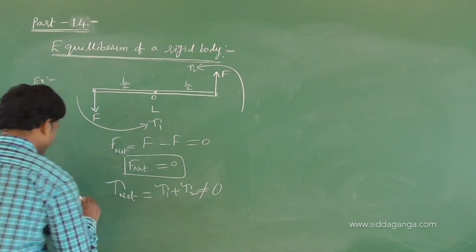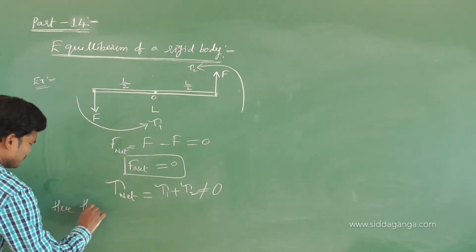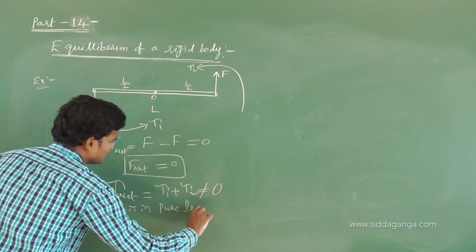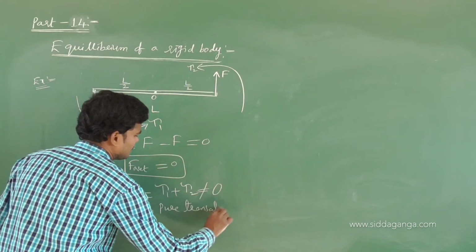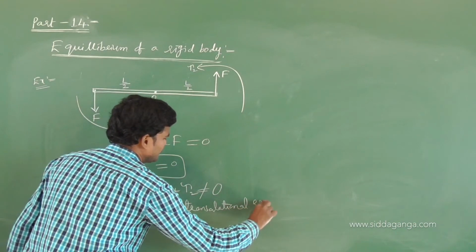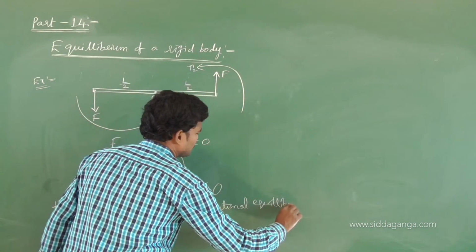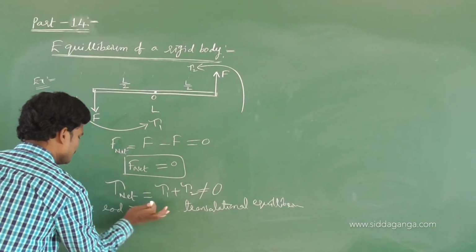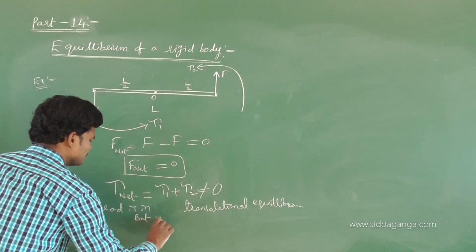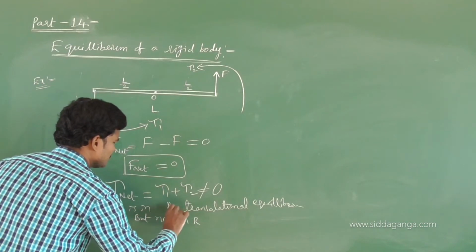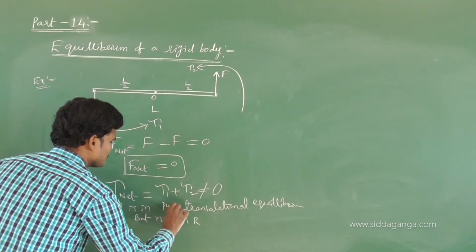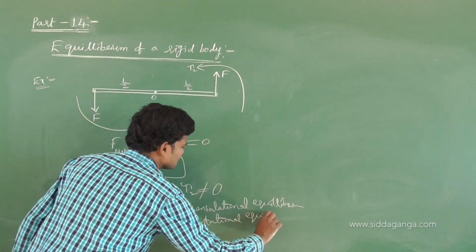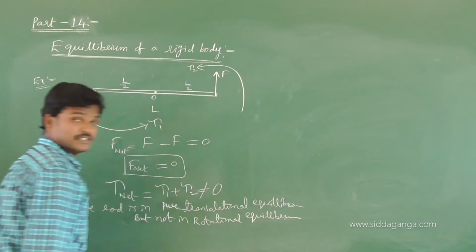Here the given rod is in pure translational equilibrium, but not in rotational equilibrium.